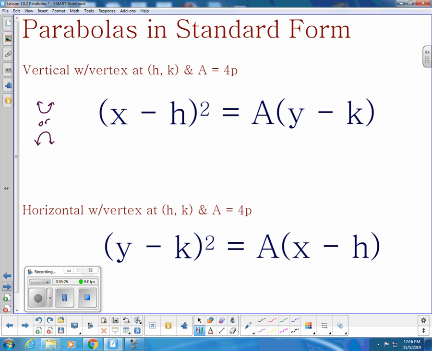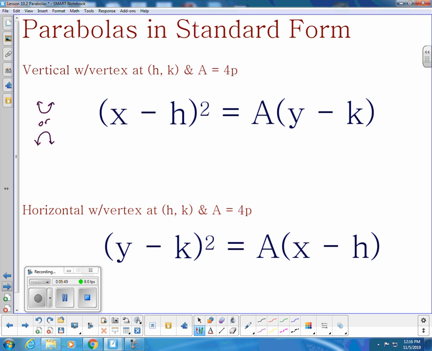The variable that's not squared is going to go on the right. Notice that the variables are both in parentheses now, so when you're finding your vertex, it's the opposite out of both parentheses. So the vertex is always (h, k), even though they show minus h and minus k in the formulas.